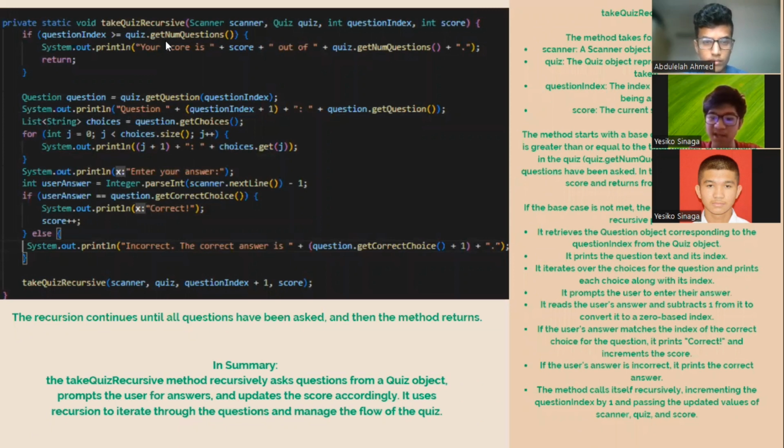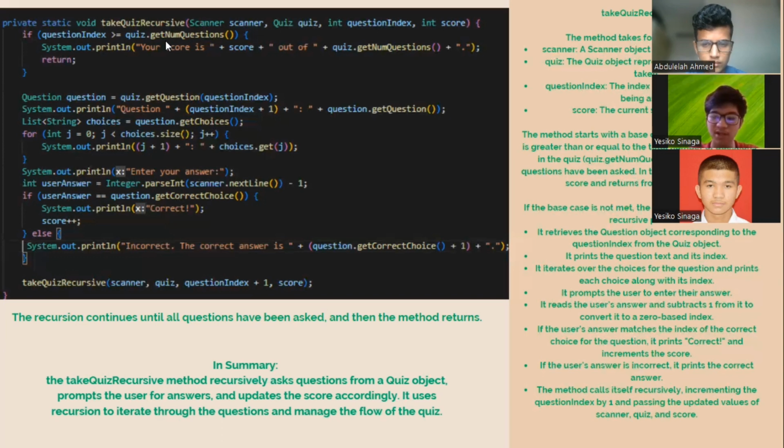If the base case is not met, the method continues to the question corresponding to the question index. It prints the question text and its index. It iterates over the choices for the question and prints each choice along with its index.